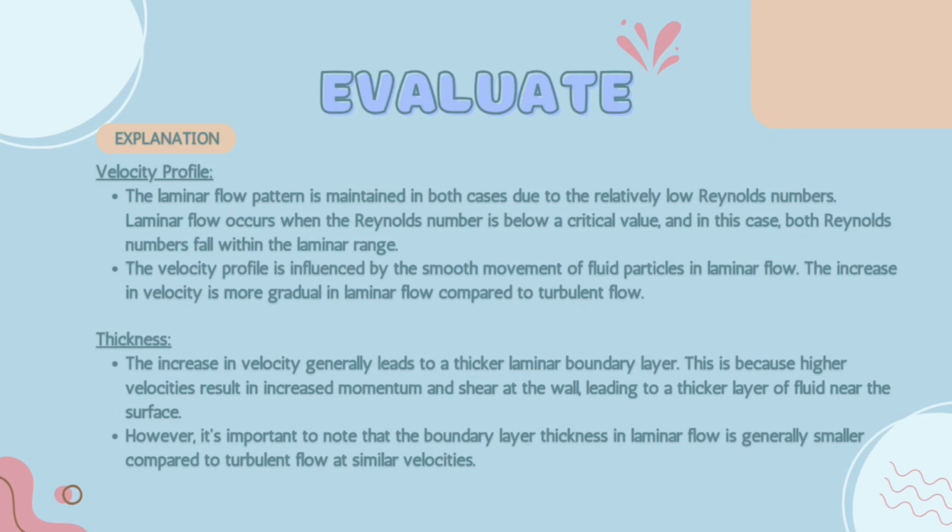For thickness, on the other hand, the increase in velocity generally leads to thicker laminar boundary layer. This is because higher velocities result in increased momentum and shear at the wall, leading to thicker layer of fluid near the surface. However, it's important to note that boundary layer thickness in laminar flow is generally smaller compared to turbulent flow at similar velocity.